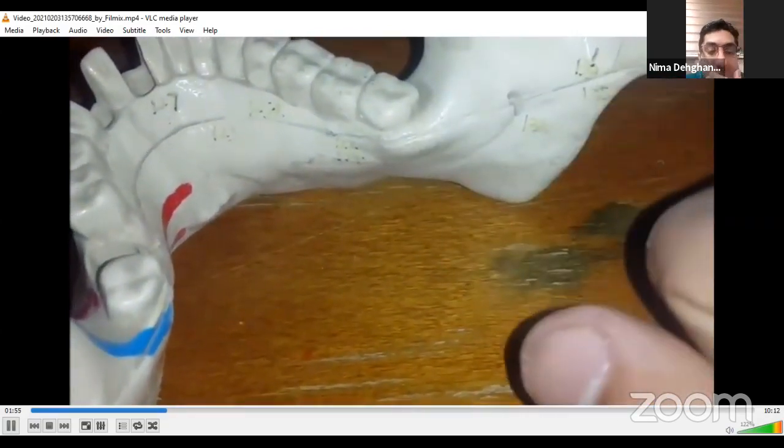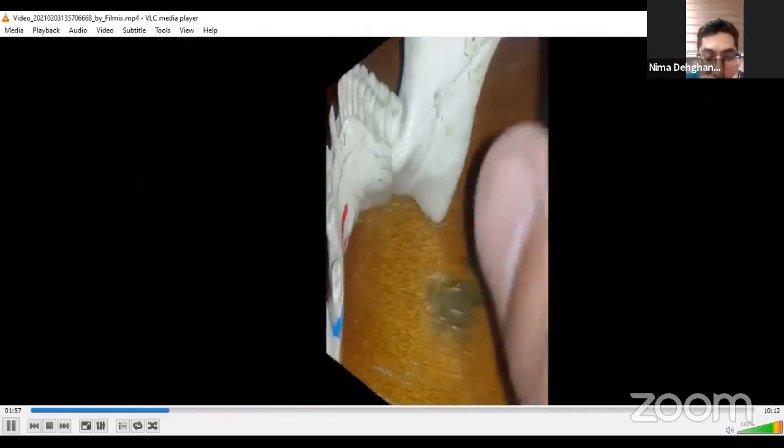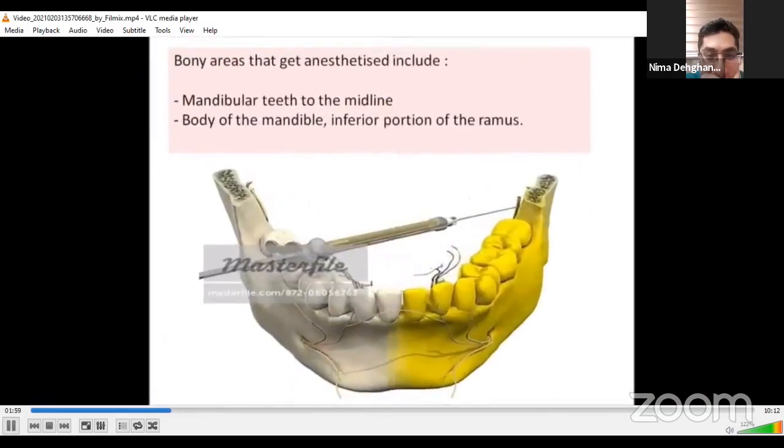Areas anesthetized by an inferior alveolar nerve block include hard tissue and soft tissue areas, described as follows. Bony areas that get anesthetized include mandibular teeth to the midline, body of the mandible, and inferior portion of the ramus.